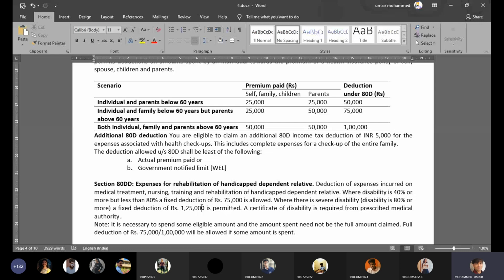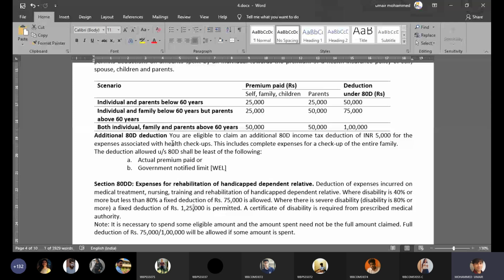Now, 80DD and 80U are almost the same except for one difference. What is the difference between 80DD and 80U? In 80DD, the assessee's relative is physically challenged or handicapped, whereas in 80U, the assessee himself is physically challenged. 80U, right?